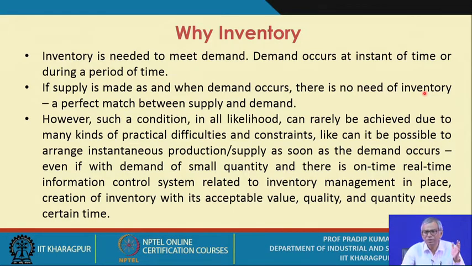And if that is the ultimate goal, that means can you create a condition where the supply and demand are matching exactly at any point in time? Obviously, if you create such a condition, there is no need of having inventory. However, such a condition in all likelihood can rarely be achieved due to many kinds of practical difficulties and constraints.